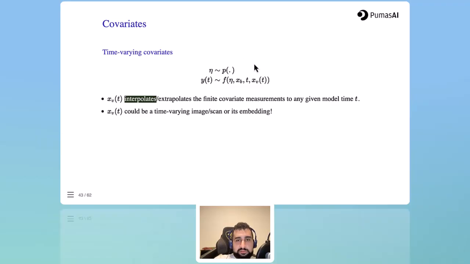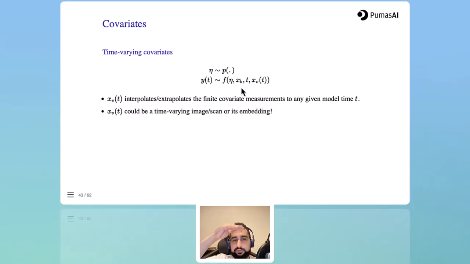But the idea is that we treat it as a continuous function of time after the interpolation has been done, and then it just becomes another input here that's actually not trained, it's just evaluated directly using this function of time. And again, you can think of this as a time-varying image or a time-varying embedding. So if I have a bunch of images or a bunch of scans over time, I can pre-process each image and each scan to an embedding vector, and then I can have the evolution of this image in the embedding space.